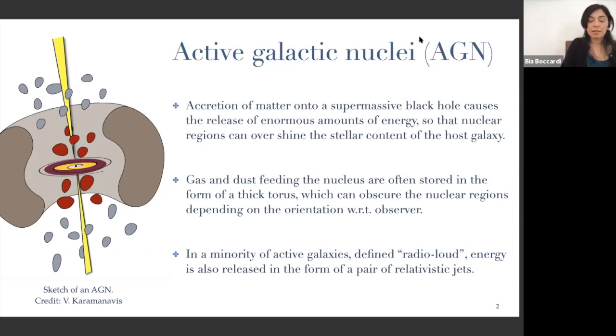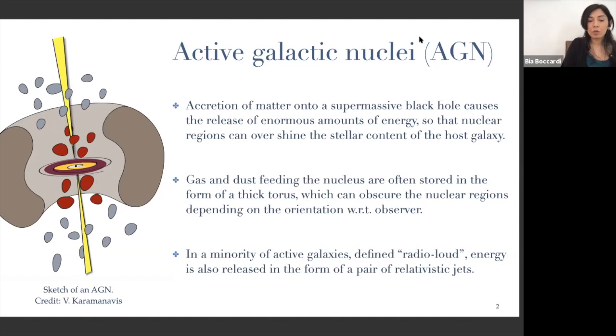This means that the black hole is accreting material from the surroundings, and in this process, a very big amount of energy is released, so that the nuclear regions can become much brighter than the entire stellar content of the host galaxy. Here to the right, you can see a sketch of a classical picture of an AGN.